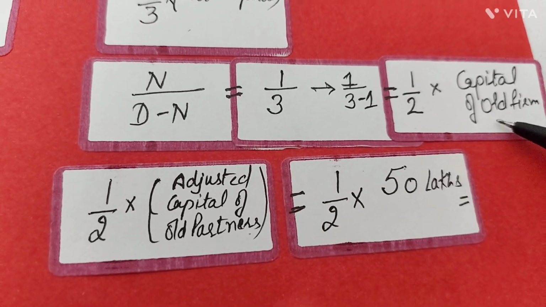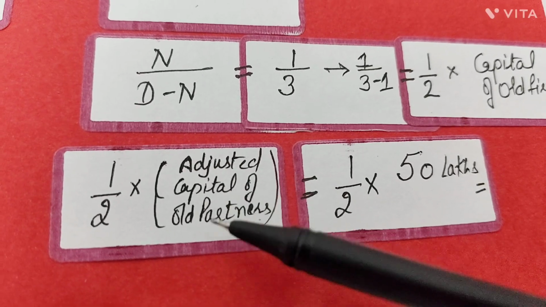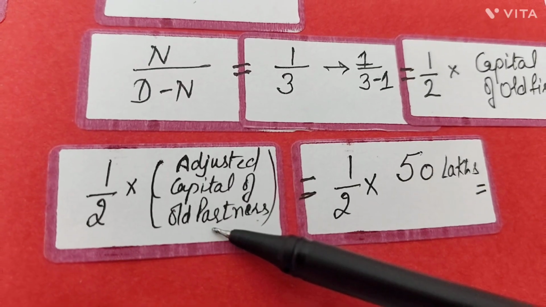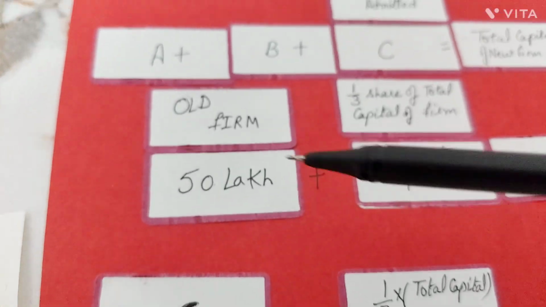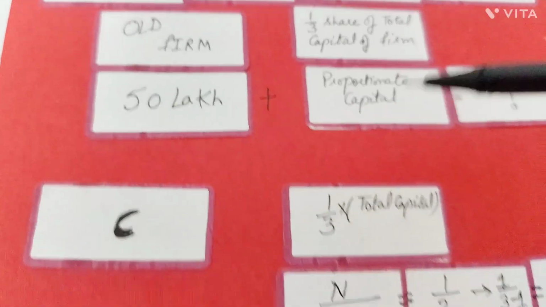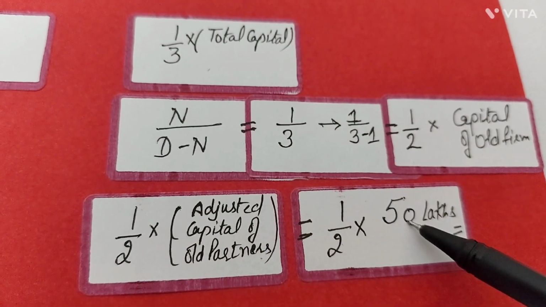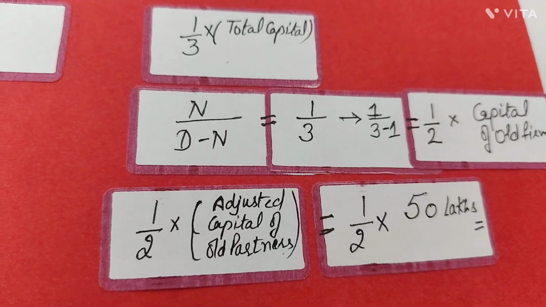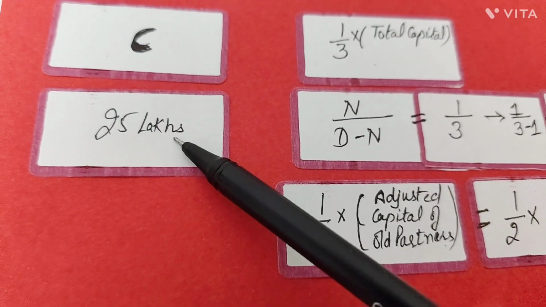So what is the capital of the old firm you have to take? That is the adjusted capital of old partners is to be taken. In this given case, the adjusted capital of old partners was rupees 50 lakh. So we took 1/2 of 50 lakh, and the value of the new partner's capital is 1/2 of 50, that gives you 25 lakh.